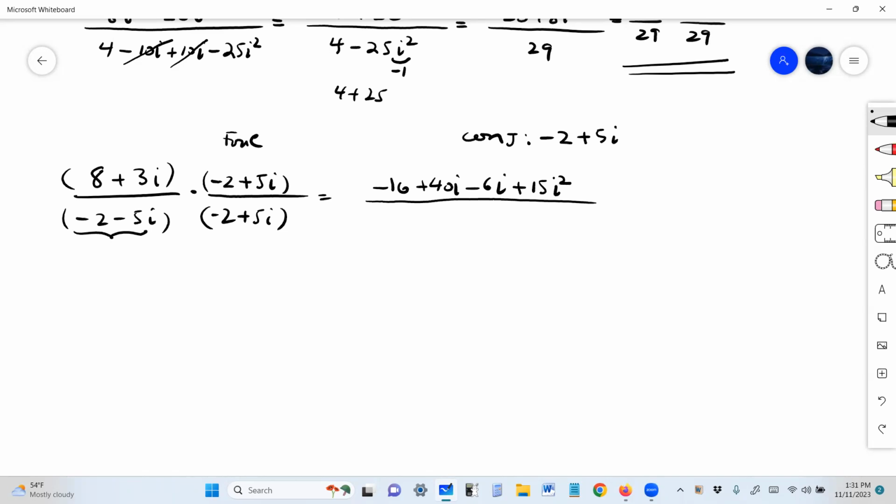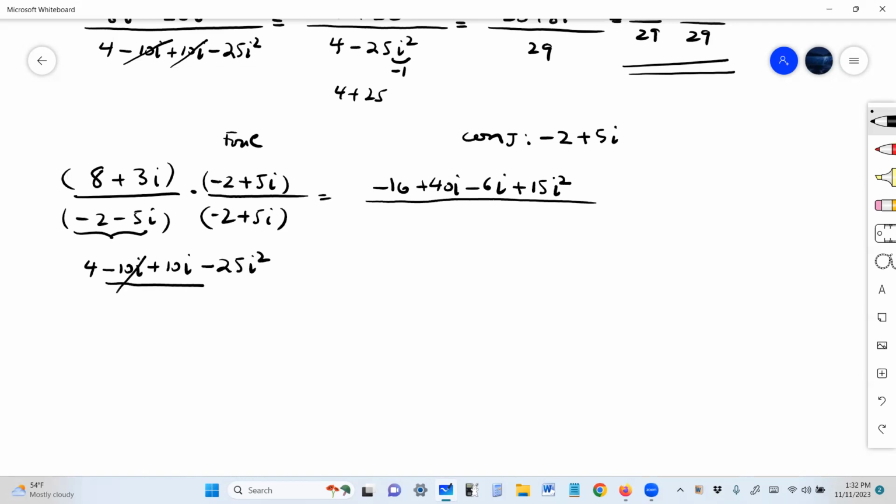Now, the denominator is a special case again, and the denominator will have both middle terms canceling. And I'm going to do it here on the side so that you can see. So I have minus 2 times minus 2, positive 4, minus 2 times plus 5i, minus 10i, minus 5i times minus 2, positive 10i, and minus 5i times positive 5i, minus 25i squared.